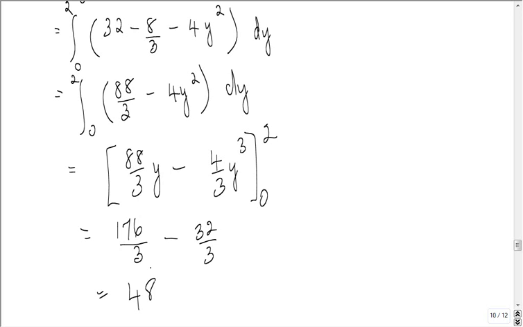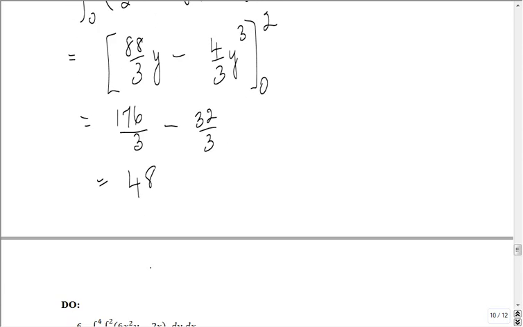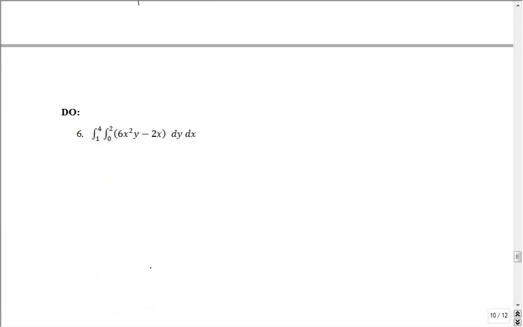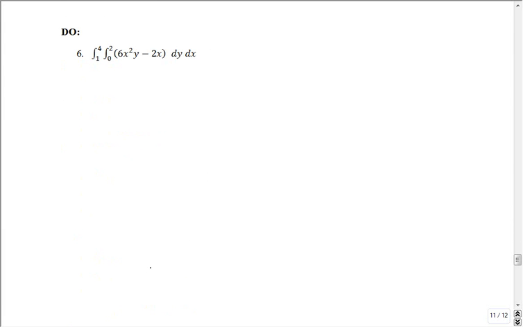Okay, so now I think it's your turn. Okay, let's go over it. Let me make the point here again that this integral is the same as if I put it like that, 0 to 2, 1 to 4 of the same thing, dx dy.